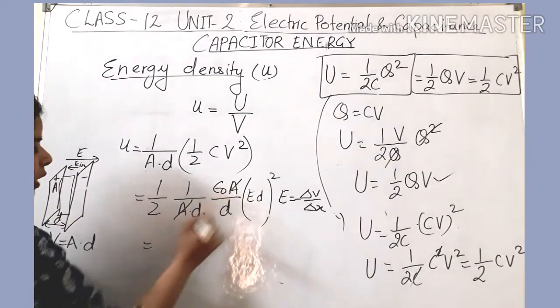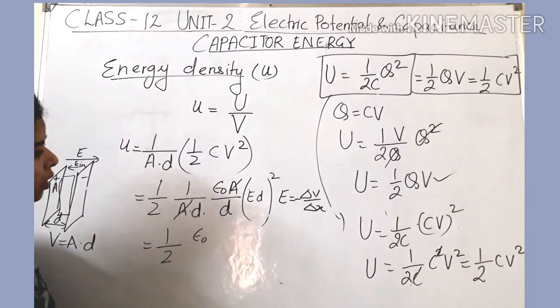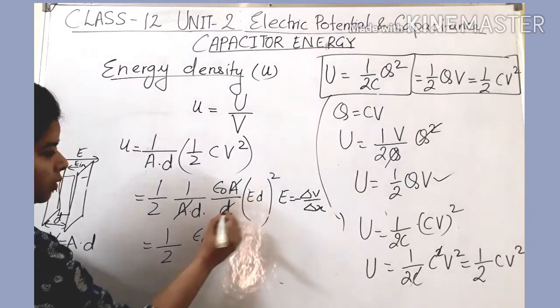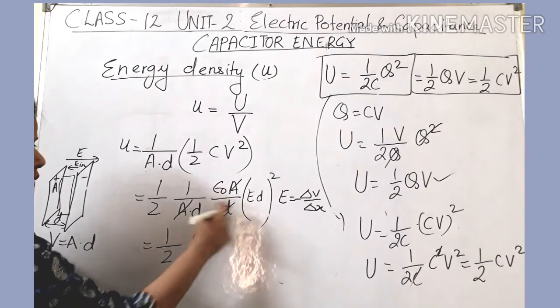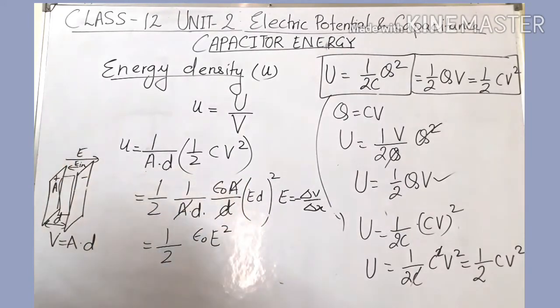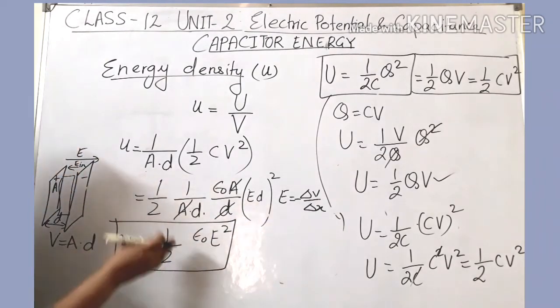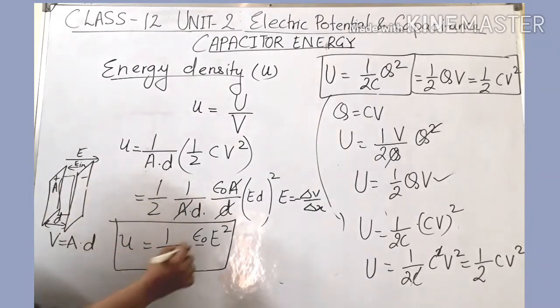Now you can cancel out the common terms. Epsilon naught stays, and D square in the numerator and D square in the denominator cancel out, and you get the result half epsilon naught E square. This is the value of the energy density. Here epsilon naught is the permittivity of free space, and E is the electric field applied to the capacitor plates.